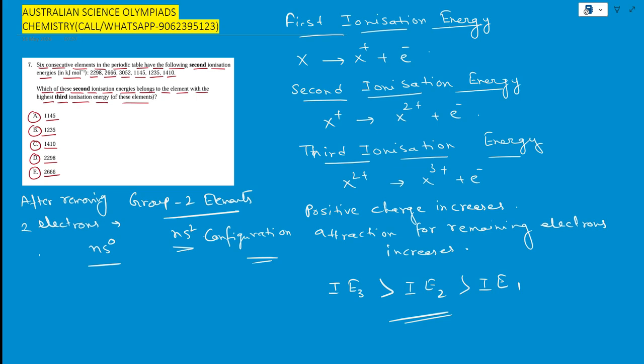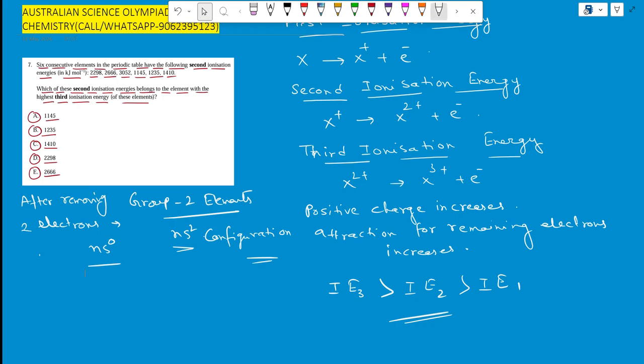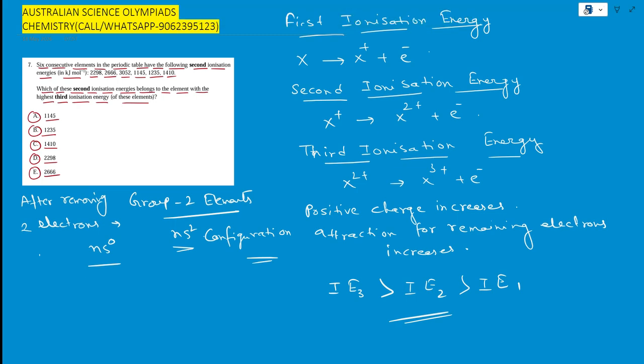All right. Now we are given second ionization energies of six consecutive elements. So these are 2298, 2666, 3052, 1145, 1235, and 1410. Now notice something strange. Suddenly 3052, then 1145, right?